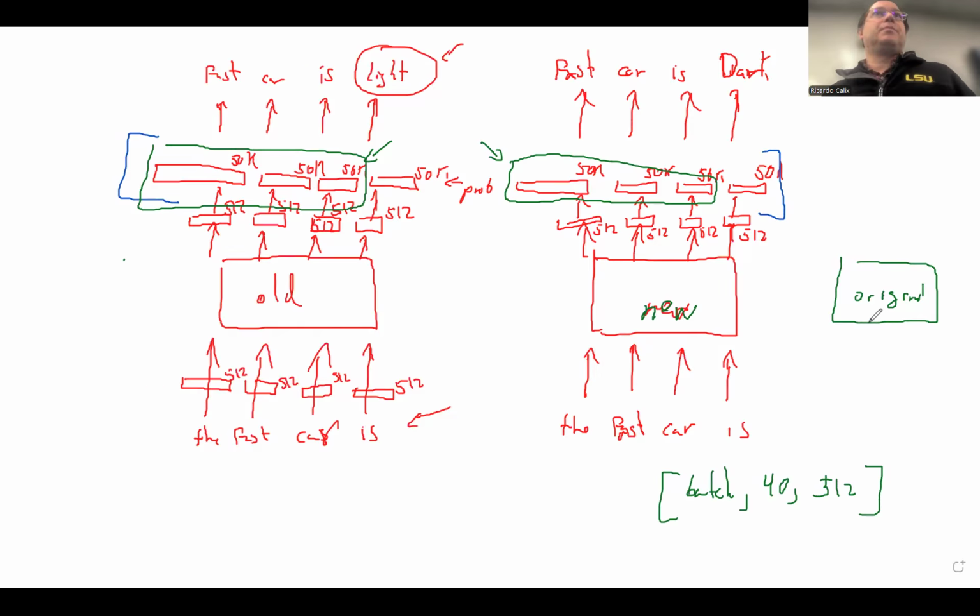Go ahead, please. The thing is, if those are the probabilities of the words in the input, it is never going to say speedy in that specific position of the sentence, right? Because it's part of the input, so it's always going to have fast. Yeah, I mean, it is not exactly guaranteed that it's going to say fast, but in training, when we train like this, the fast car is light.